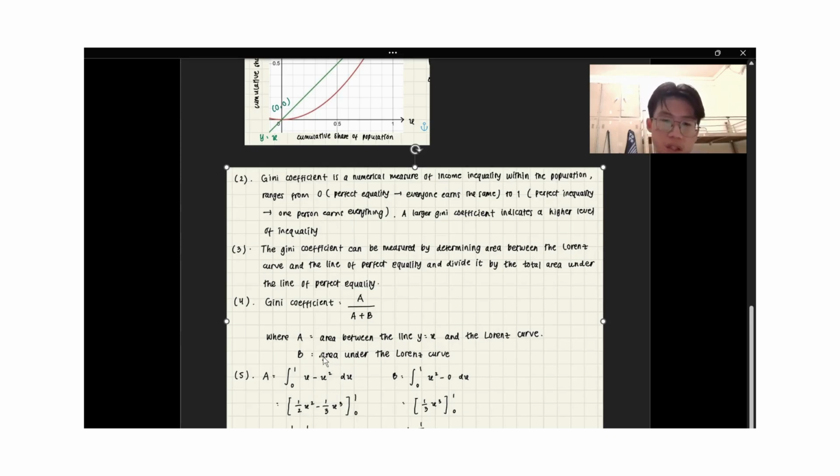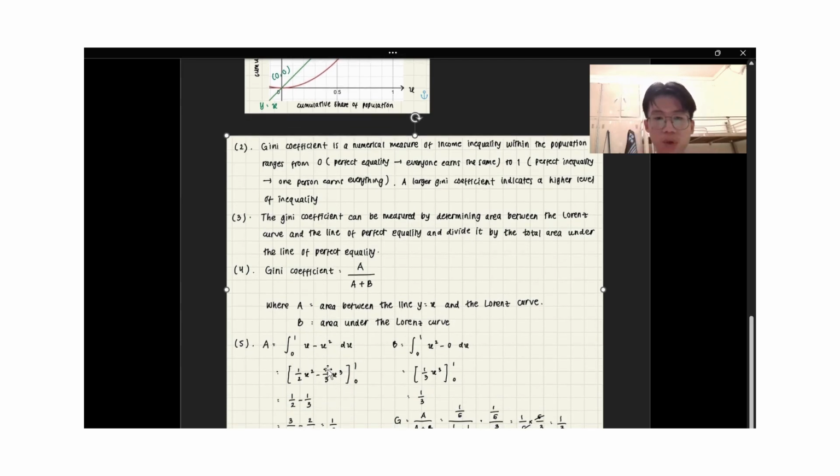Subtract the integral of x squared, which is 1 over 3 x to the power of 3. Why is it? Because 1 over 1 plus 2 is 3 and 2 plus 1 is 3. And then we calculate it from 0 to 1.